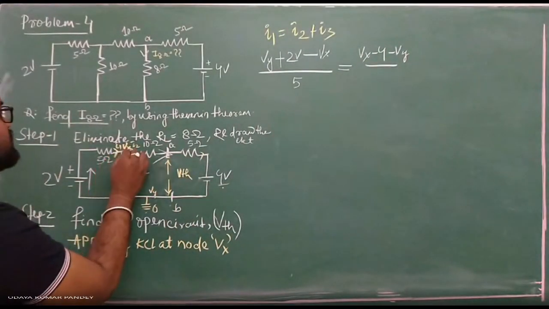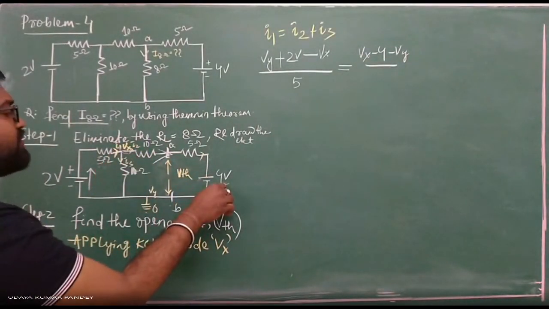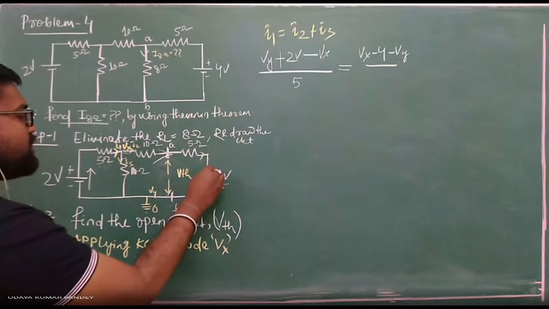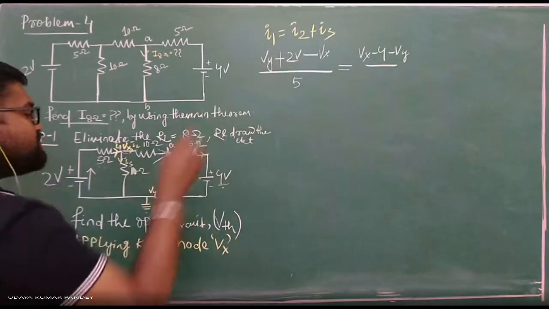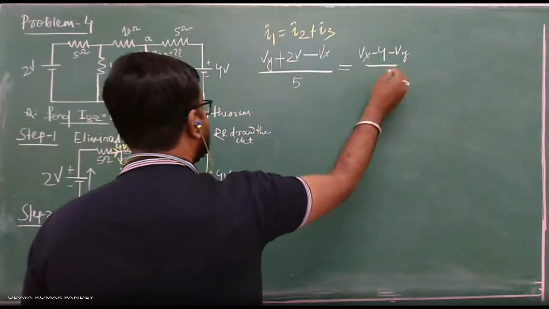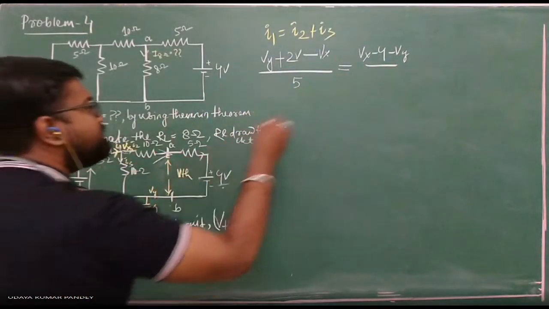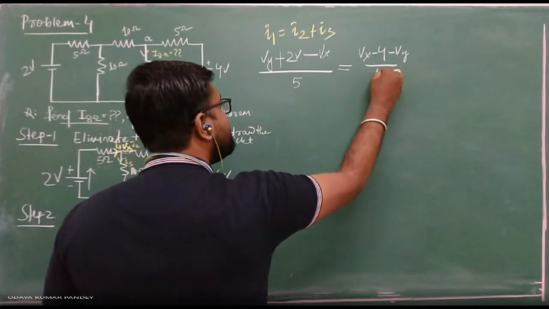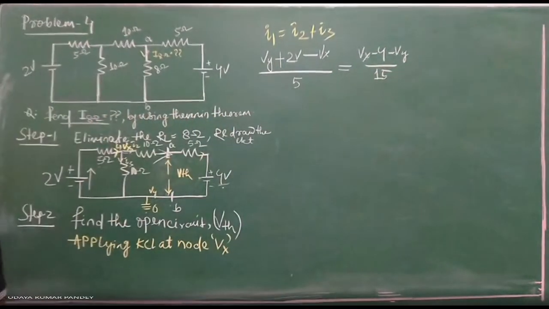See here, this is your Vx, this is your 4 volt. This is your DC voltage, plus or minus, that means that is minus 4. Then again minus Vy. The total resistance is 10 ohm plus 5 ohm, that is your 15. Okay.